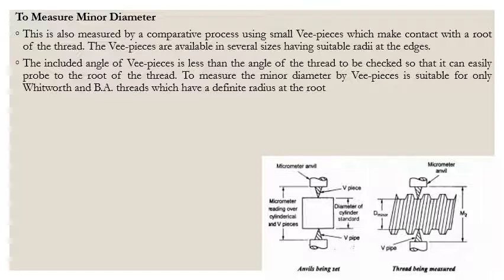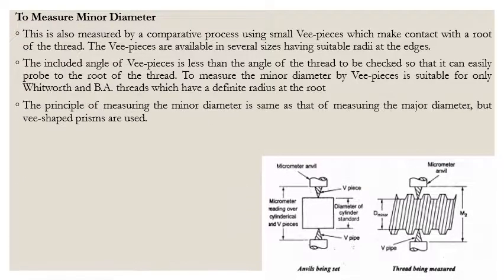The included angle of the V pieces is less than the angle of the thread to be checked, so that it can easily probe to the root of the thread. Measuring the minor diameter by V pieces is suitable only for Whitworth threads or BA threads, which have a definite radius at the root.